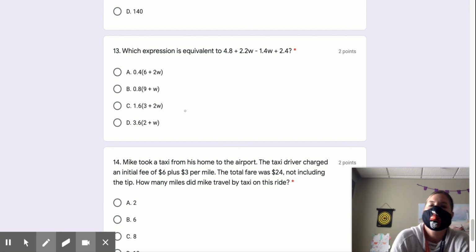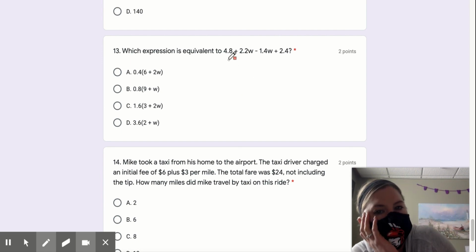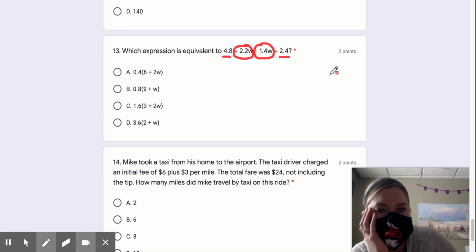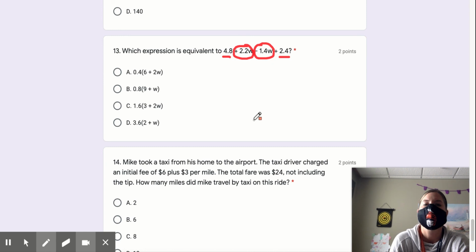Which expression is equivalent to 4.8 plus 2.2w minus 1.4w? So for this one, again, you're combining the like terms. All you have to do is combine the like terms. You should be able to see what you get for that.